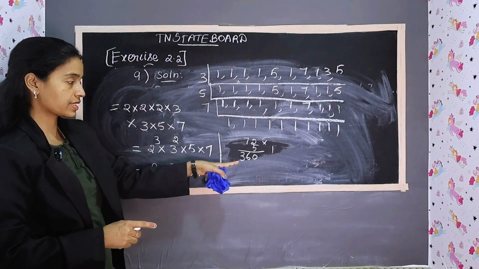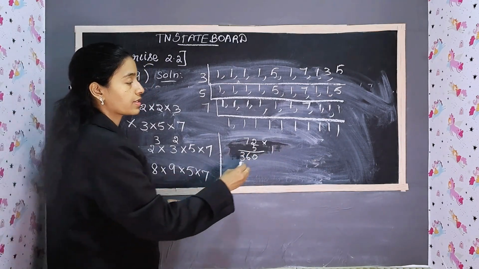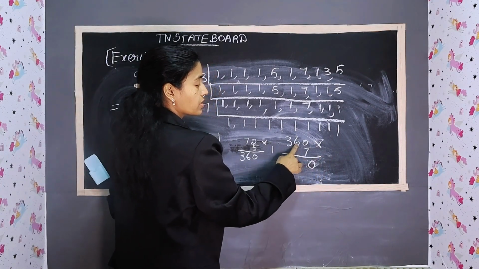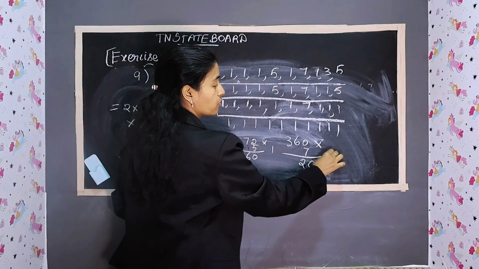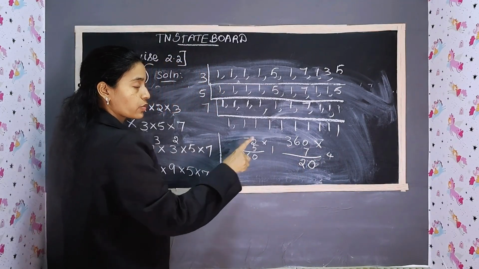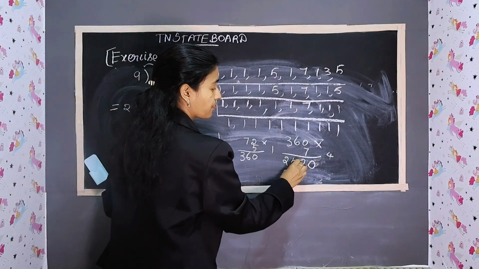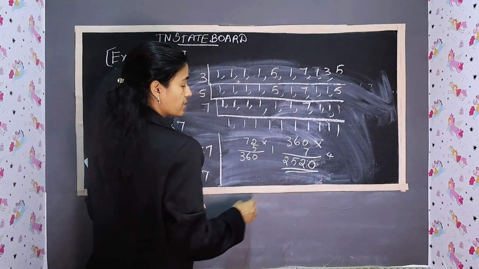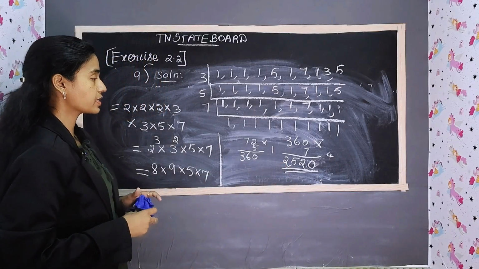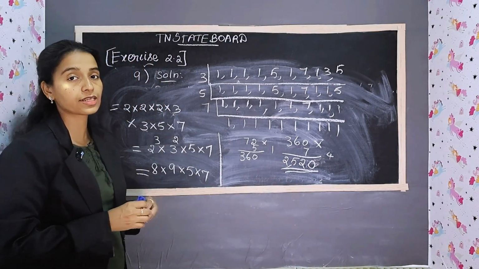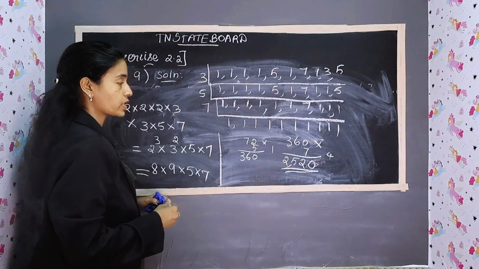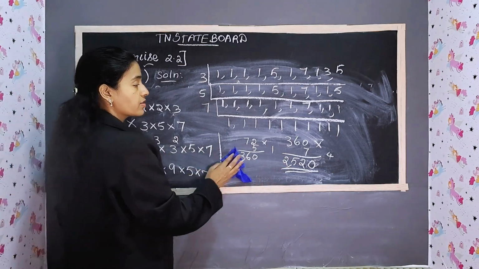Then 360 into 7. 0. 6 7s are 42, 4. 3 7s are 21. 21 plus 4, 25. The final answer is 2520. LCM of first 10 natural numbers is 2520.